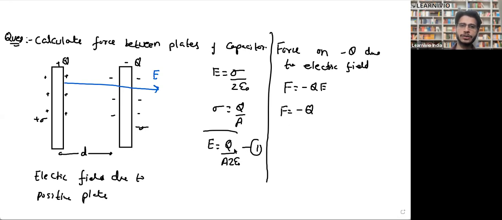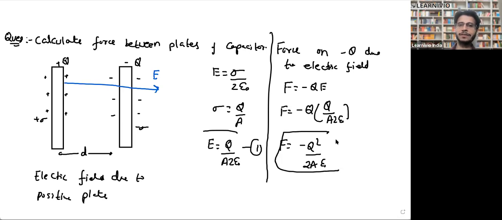F is equal to minus Q, then put the expression of field, Q over A into 2 epsilon. So force will be minus of Q square over 2A epsilon. This negative sign shows that the direction of force is opposite to that of field.